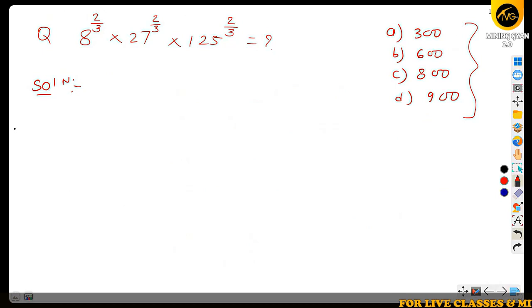You can easily break down the bases. I have got the answer from Sujit, 900. Option D. Anyone else?